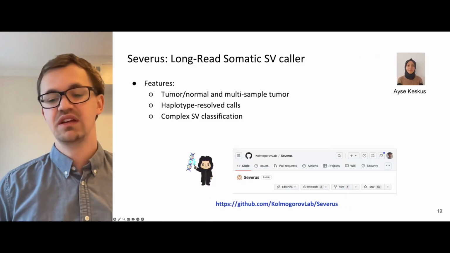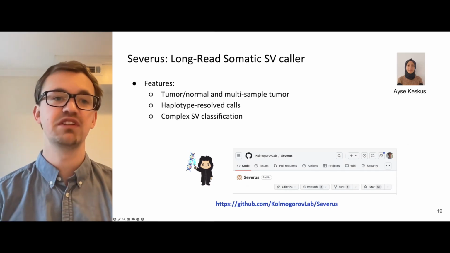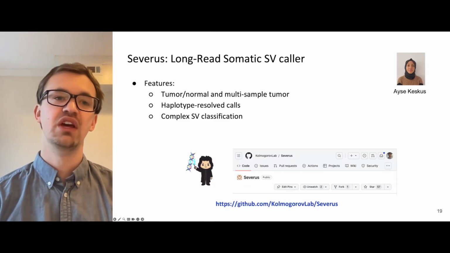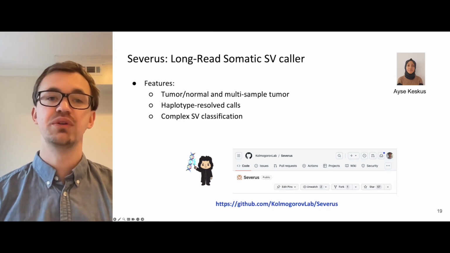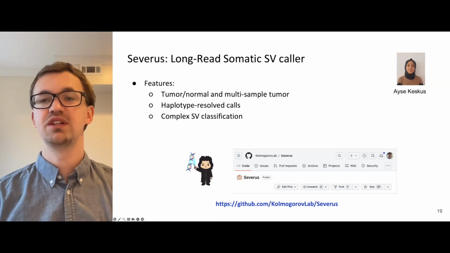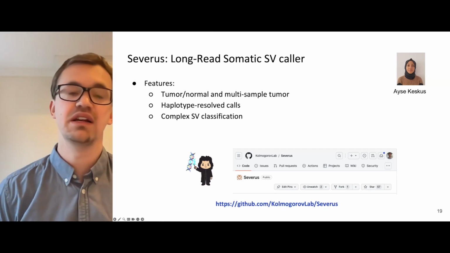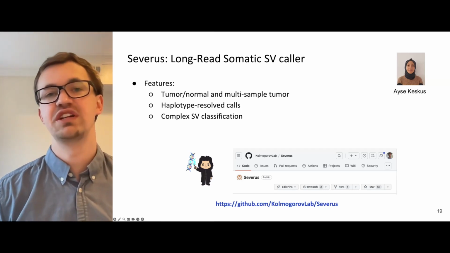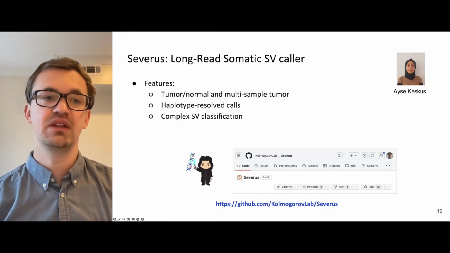So how did we detect all these rearrangements? For that, we developed a new tool called Severus, which is a somatic structural variant caller for long reads. It's really developed with complex somatic variants in mind, and that differentiates it from other popular tools such as Sniffles and cuteSV.